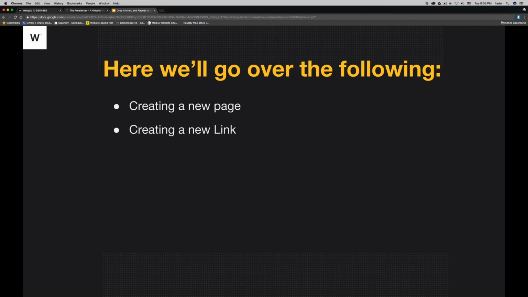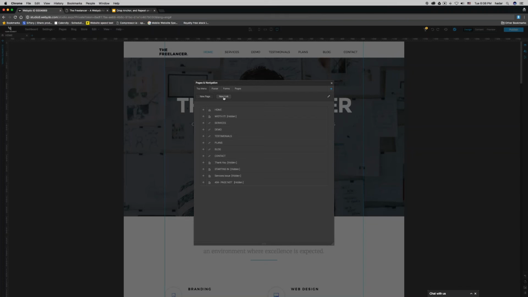Next, how to create a new link. You can create a link and link it to an external link like YouTube, Facebook, anything else, or you can link it to a certain page or basically anything. To create a new link, you click on New Link, name it whatever you want, choose the link type: internal, external, or anchor link, something that we're going to review right now, and the page name.